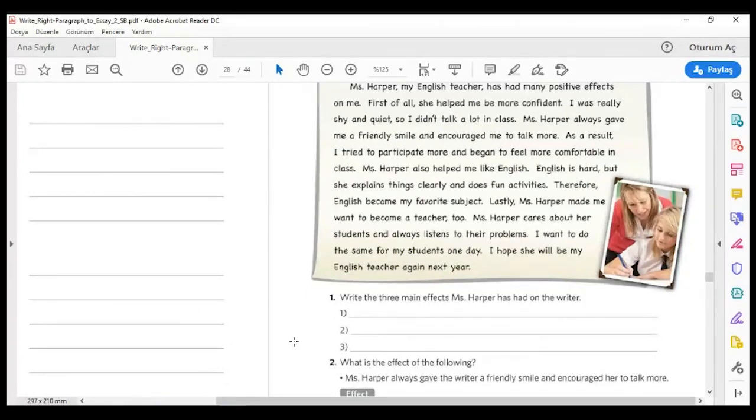Okay, now number two, what is the effect of the following? Miss Harper always gave the writer a friendly smile and encouraged her to talk more. So find this in the passage and then look at what the effect of that was.